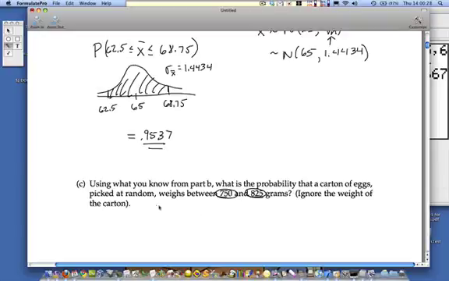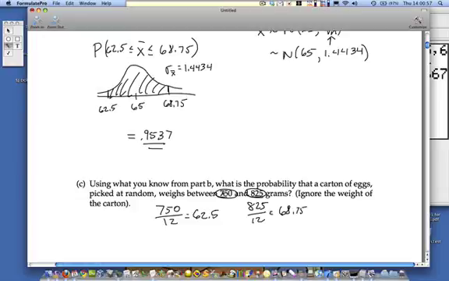If the carton weighs a total of 750, you can divide it by 12, and you get 62.5. If you get 825 as a total weight, divide that by 12, you get 68.75. And lo and behold, these are the same two numbers as in question B. So this probability is going to be the same as the probability in question B.